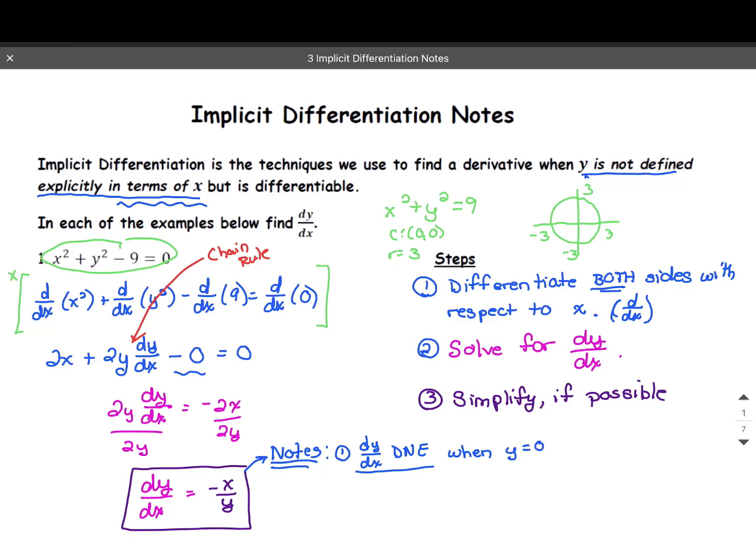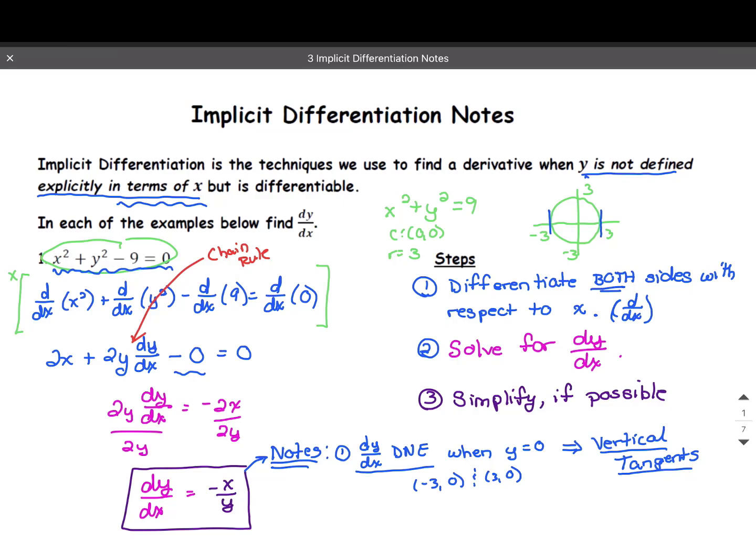That's when you're going to have vertical tangents. And if you look on the graph, we've got vertical tangents here and here. So in this case, it's at the point negative 3, 0 and the point 3, 0, which you would get by substituting y equals 0 into this equation and solving for x.